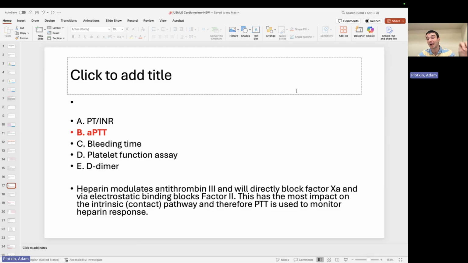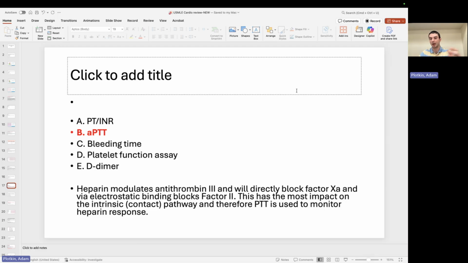Of those clotting factors, not the anti-clotting factors like C and S, factor 7 has the shortest half-life. So warfarin is going to pretty quickly alter your PT or your INR. That's why we use the PT to track your warfarin levels. For heparin, heparin blocks factor 2. It modulates antithrombin 3, and we electrostatically bind to factor 2, which is thrombin.